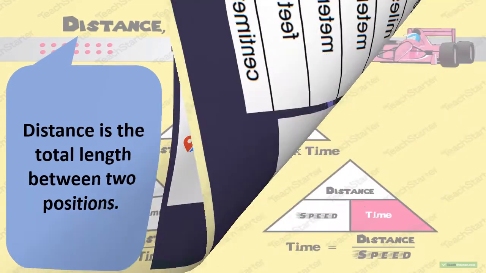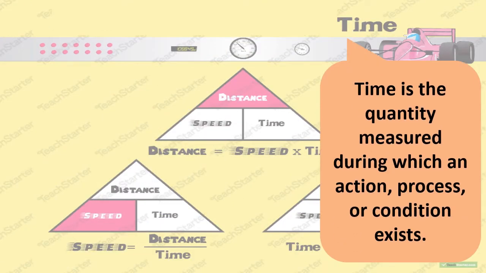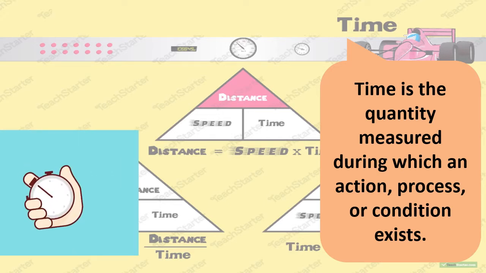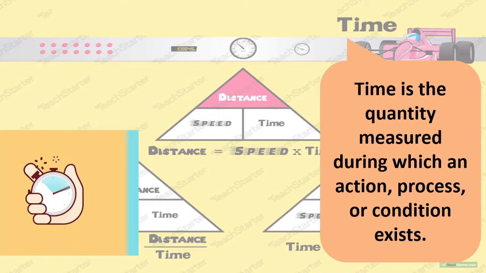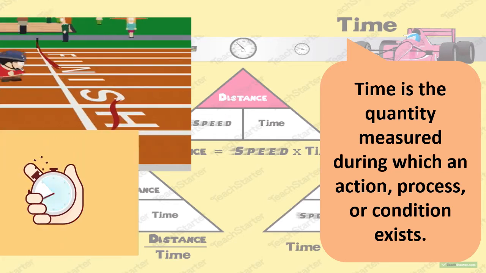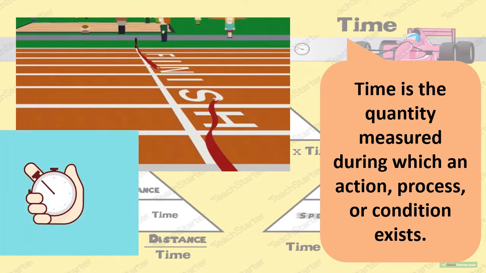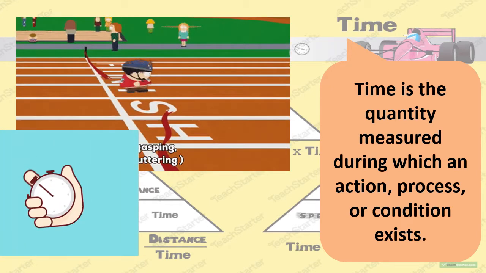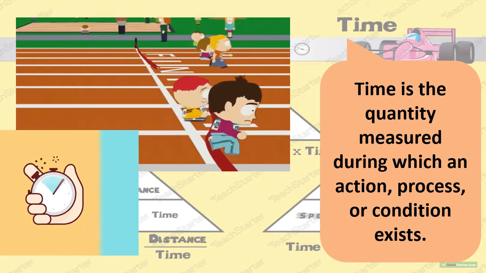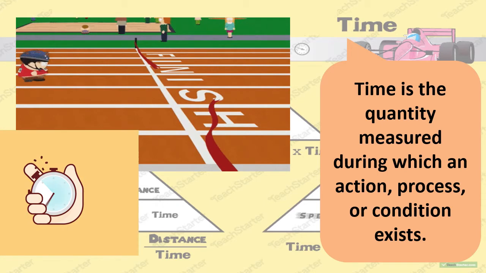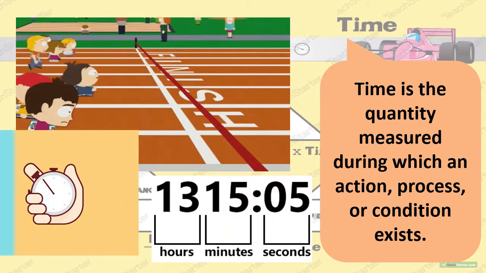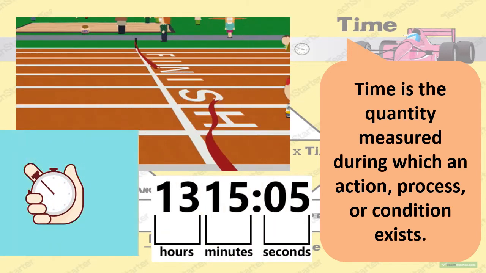Next is the time. Time is the quantity measured during which an action, process, or condition exists. And the three common units used to represent time are hours, minutes, and seconds.